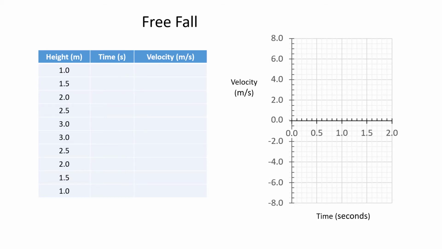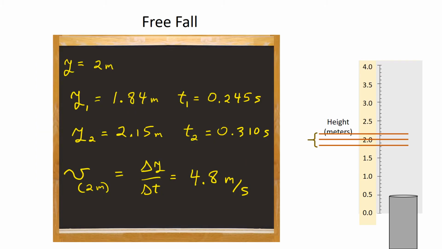Now, for the second method, we'll use the same heights and times we determined earlier, but at those locations, we'll calculate the velocity. And I'll show how to do that by way of an example. The velocity is a change in height over a change in time, but that change in time has to be small. We're going to learn that, as a graph, velocity is the local slope of the position graph.